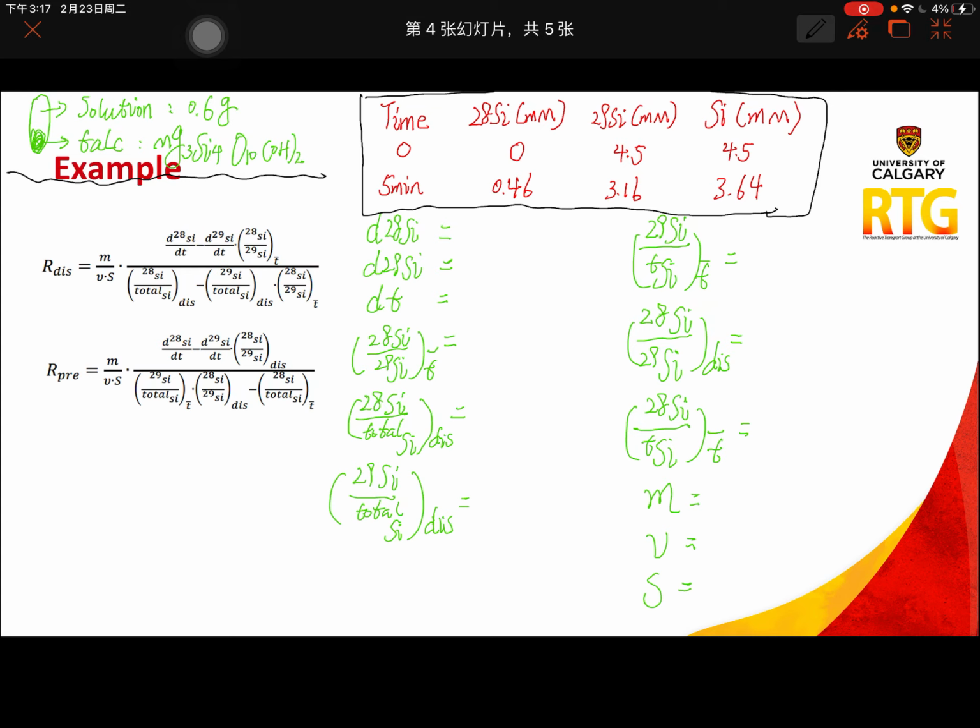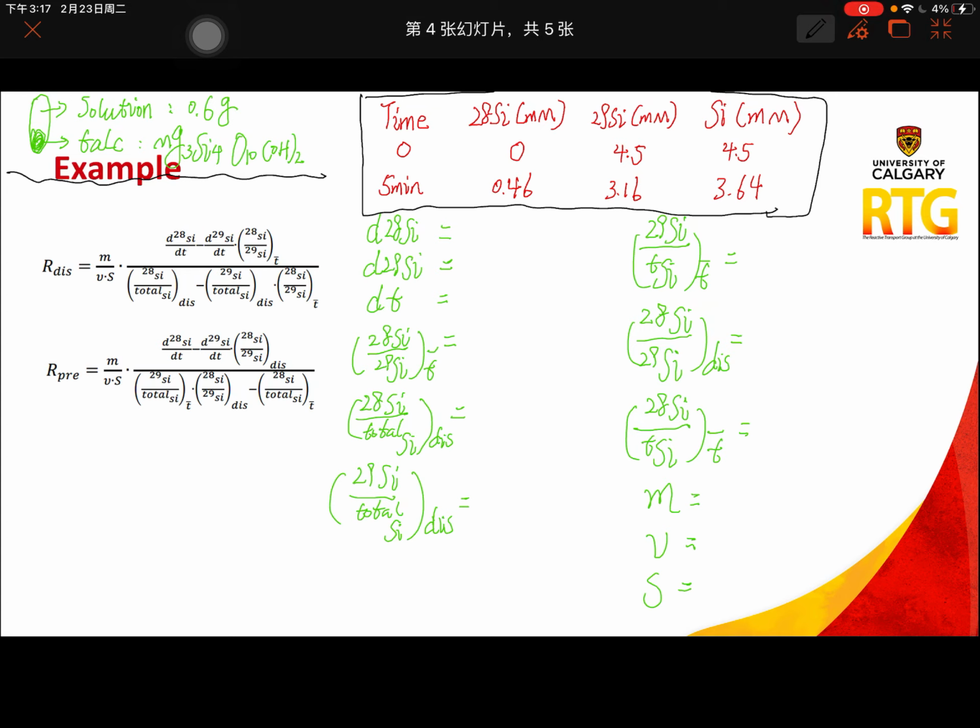At time 0, the 28 in the solution is 0, the 29 is 4.5, so the total silica is 4.5. After 5 minutes, the 28 in the solution is 0.46, the 29 is 3.16, and we have this total silica. These concentrations can be measured by isotope mass spectrometry.